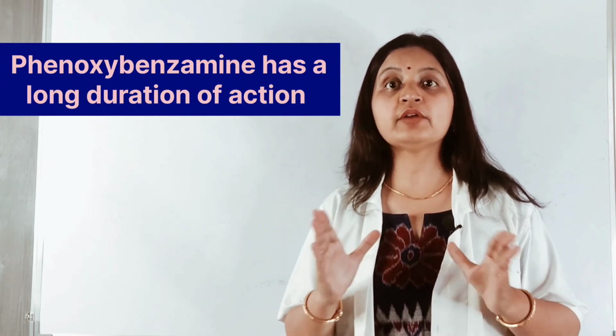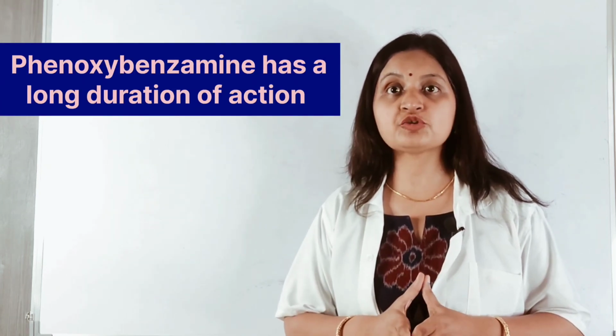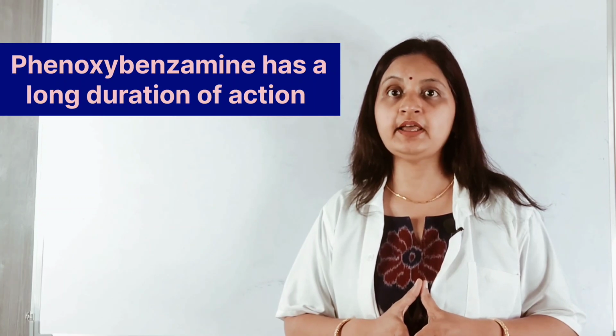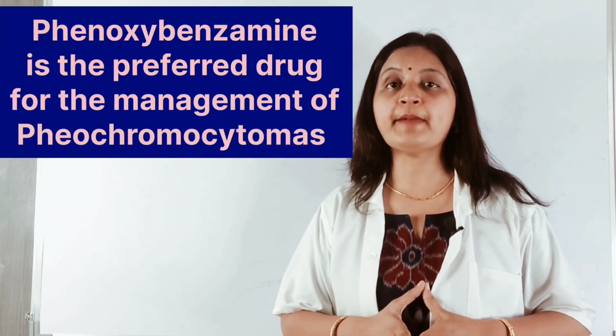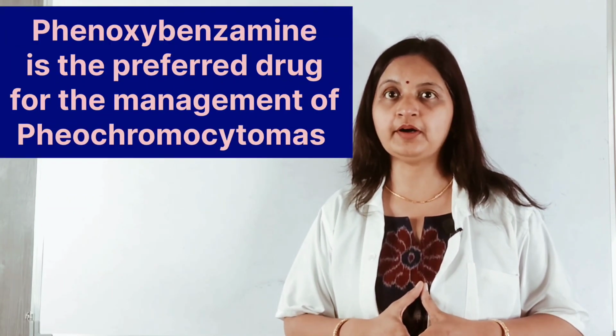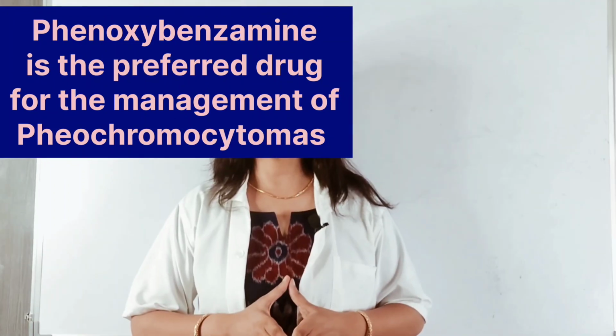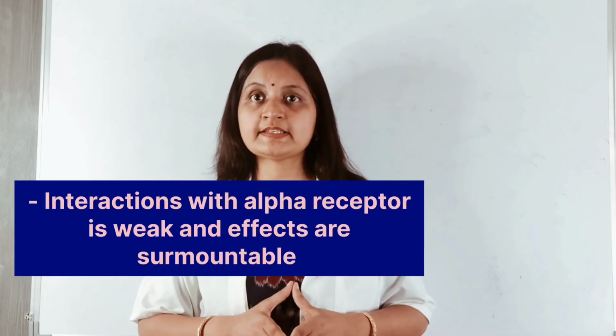It has a long duration of action because of strong interactions with the receptor, and it is the preferred drug for the management of pheochromocytoma. Phentolamine, on the other hand, is a reversible non-selective alpha blocker. The interactions with the alpha receptor are weak. They can easily be displaced from the receptor.